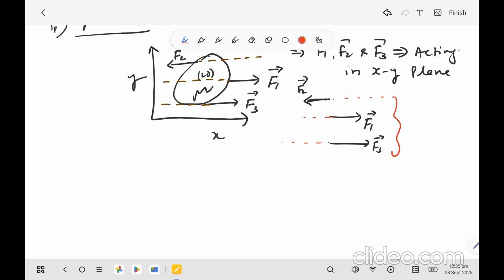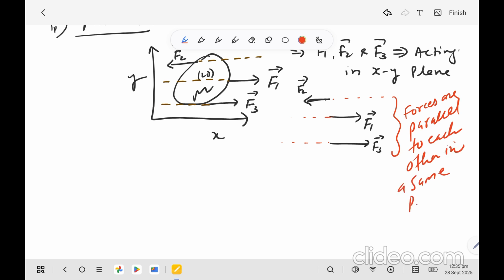All these forces are coplanar in nature.